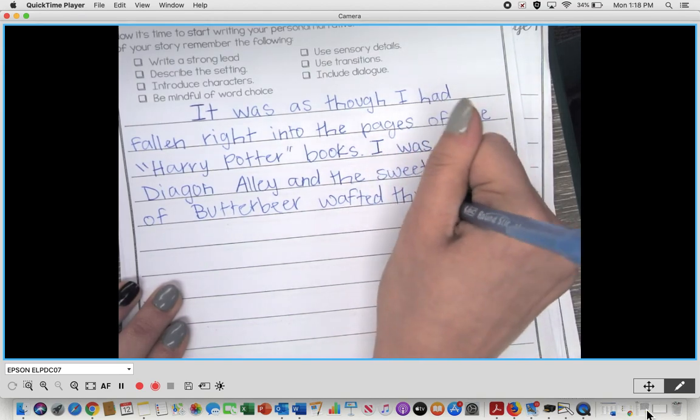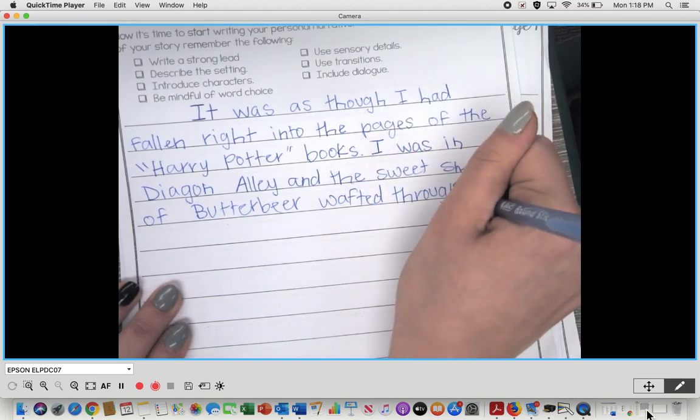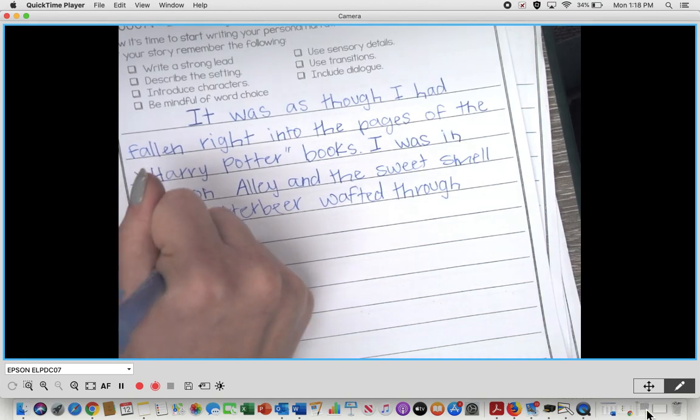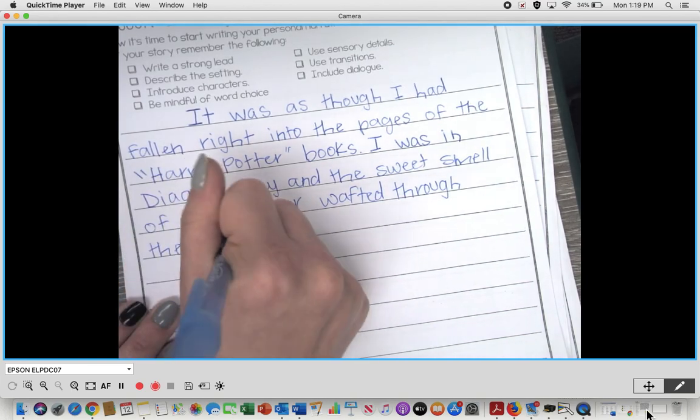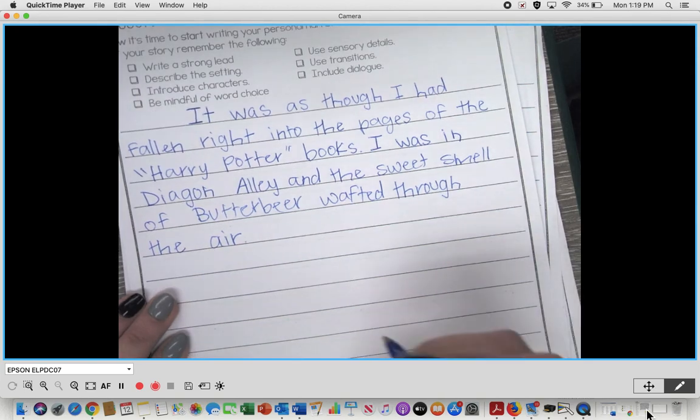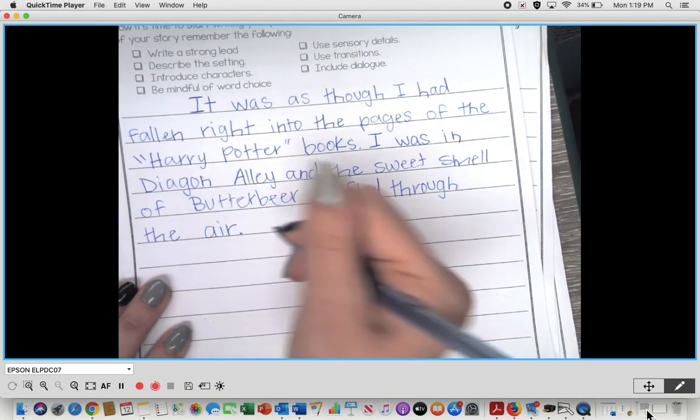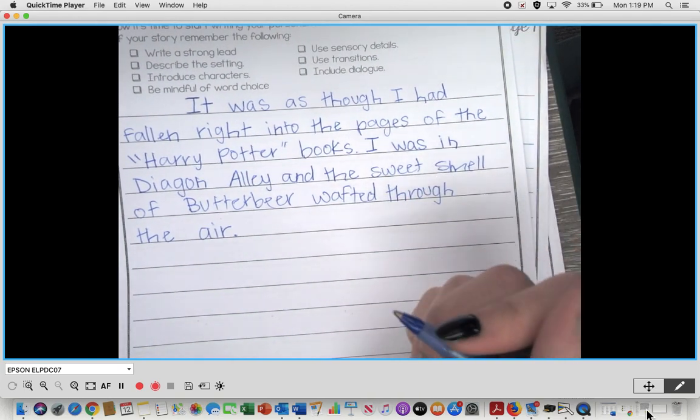Here you can see I included a sensory detail. Remember, our sensory details are touch, sight, feel, taste. I went ahead and talked about smell so my reader can imagine what I'm smelling.